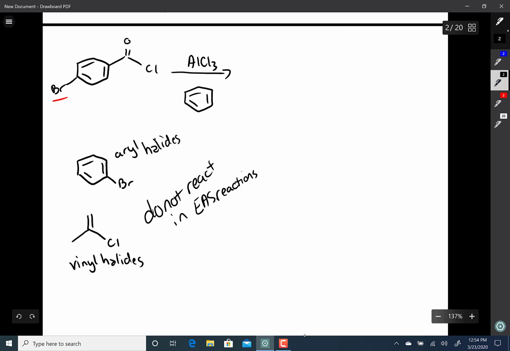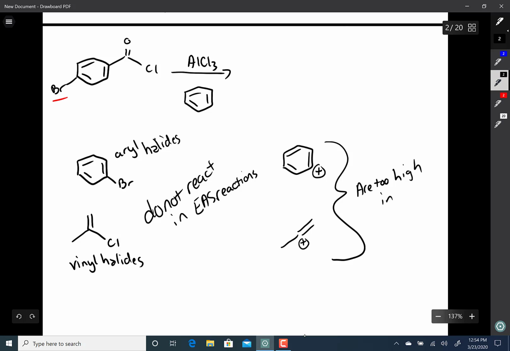The reason for this is the resulting carbocation is too high in energy to form.